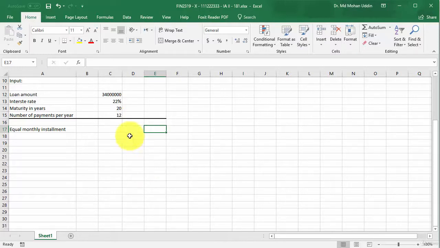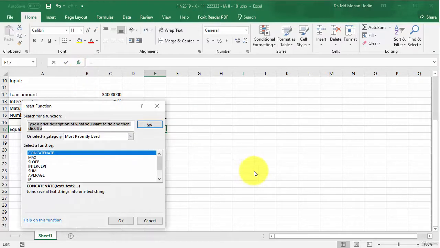We can easily use the insert function command here. So I'm going to click this one, and then search the PMT function here, PMT, and then click go, so that we can easily find the function.